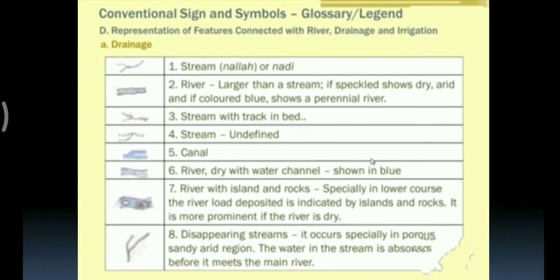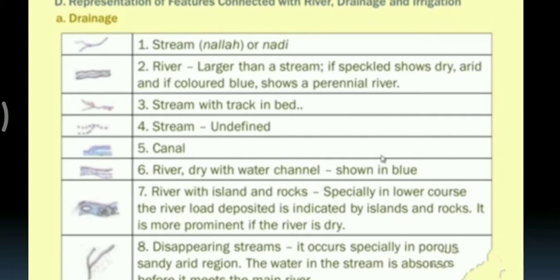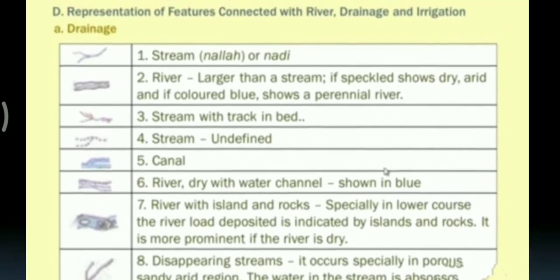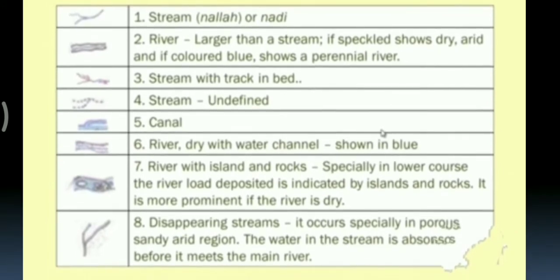Drainage pattern. In the drainage system, a stream and nadi or nalas, we have a structure like this. A river, larger than a stream, is colored blue if it is perennial. When it is not perennial, it is shown in black. Stream with track in bed. Especially you have to remember river, perennial river, and seasonal river.